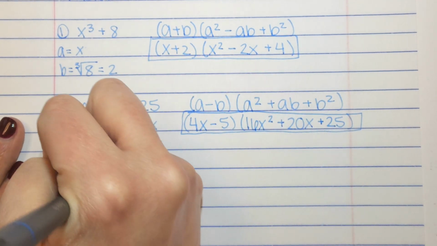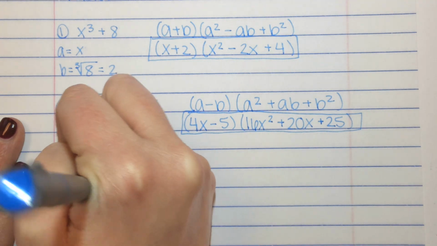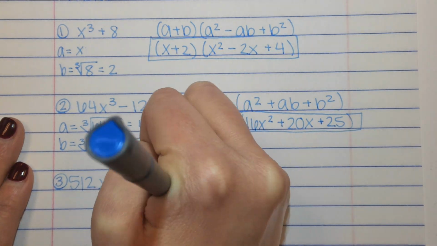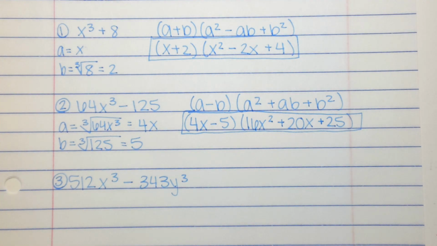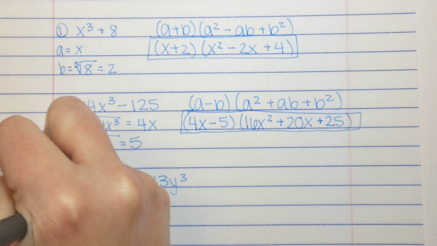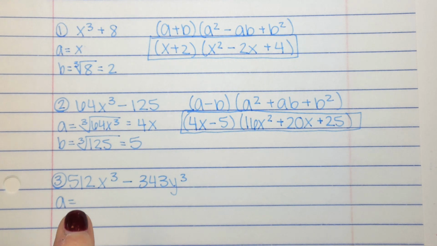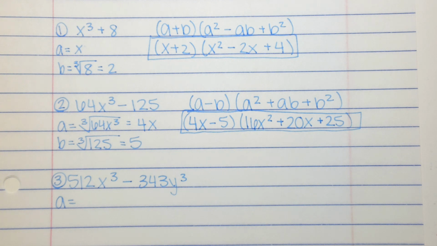Okay, number 3, we have 512x cubed minus 343y cubed. So pause the video, give that one a try, see what you think. All right, let's see. So for a, what's the cubed root of 512? You might have to do that in your calculator, and if you do, that's perfectly fine.